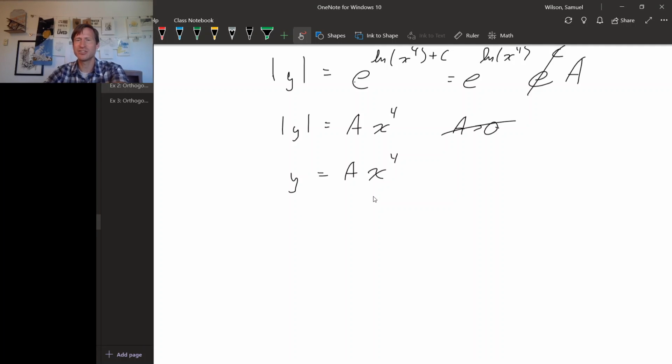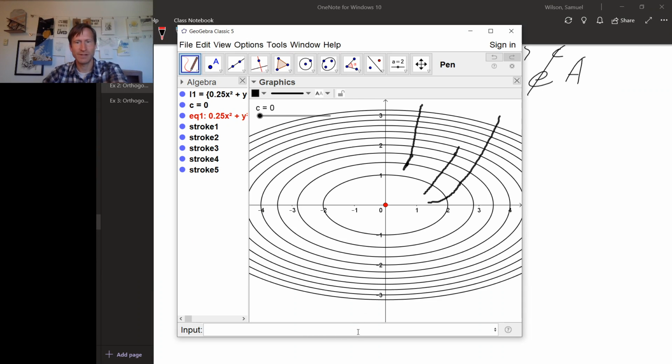To check that this actually works, let's graph these things. So let's see, we need an arbitrary constant, a, so let's make it 1 to begin with. And let's just graph y equals a times x to the 4th. Okay, now remember what we're looking for here is that every place this graph intersects these ellipses, it's perpendicular. So if you look closely at all of these intersection points, those do all look perpendicular.